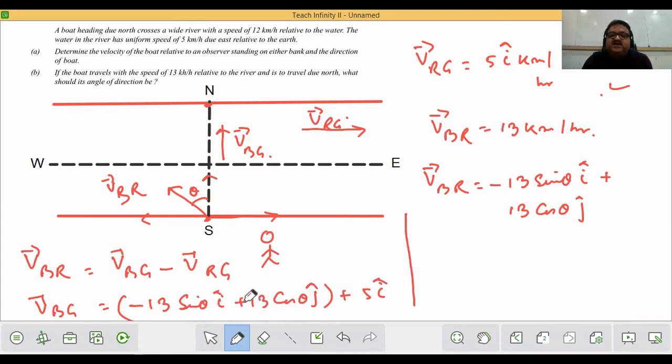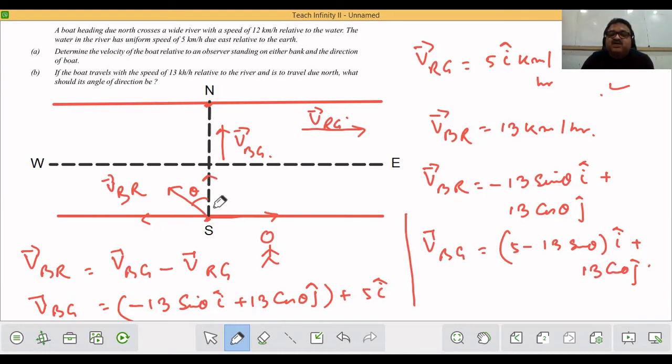Look, the velocity of the boat with respect to the ground would be (5 minus 13 sine theta) i cap plus 13 cos theta j cap. Is it clear? Now, what is the direction of the velocity of the boat with respect to the ground?